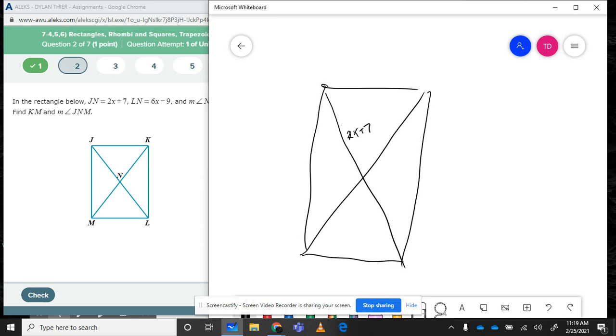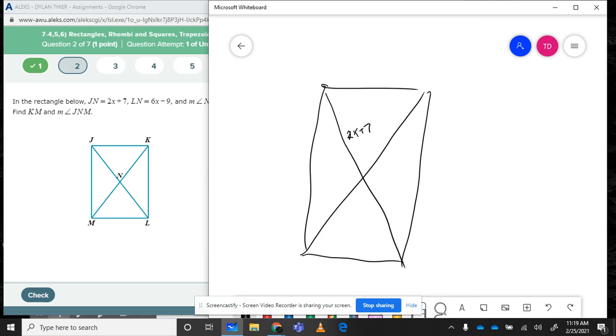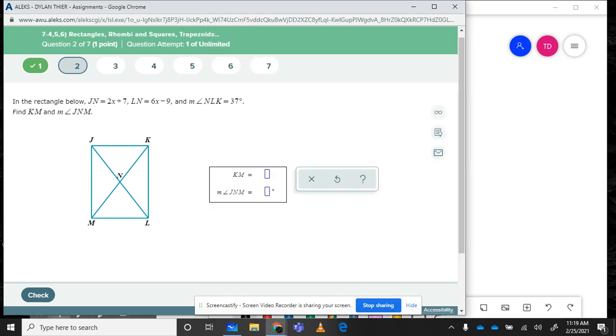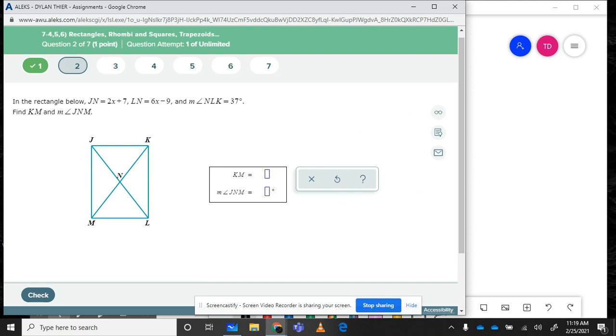Ln is 6x minus 9. Angle NLK is 37. So that's down here. And that's all they give us.